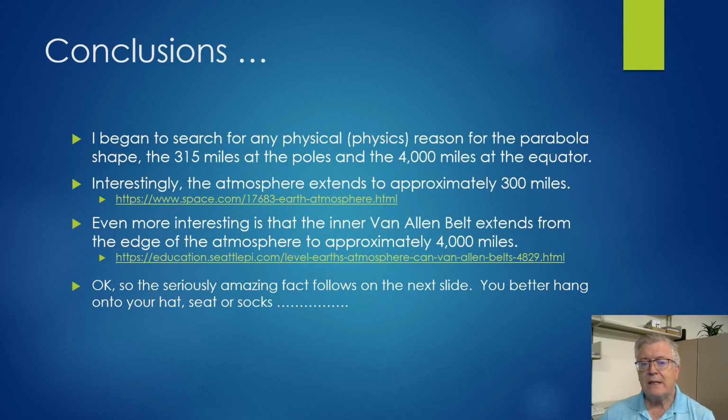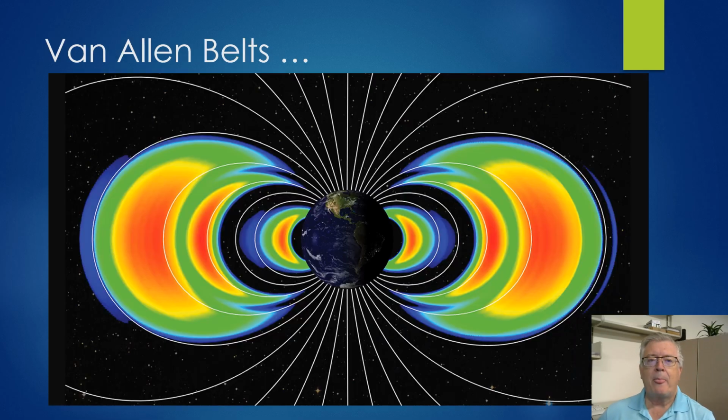So the seriously amazing fact follows on the next slide. Every one of you better hang on to your hat, hang on to your seat, or hang on to your socks, whichever you might want to do. Here's the picture. Notice this inner Van Allen belt over here, and how much it looks like that parabola on its side.